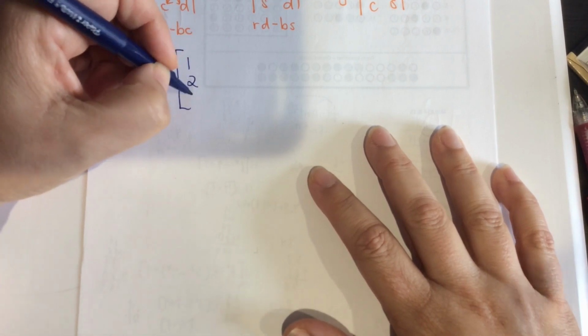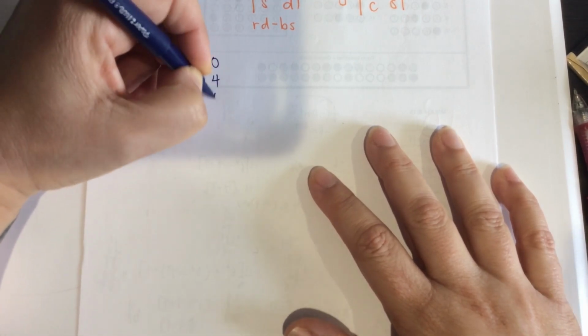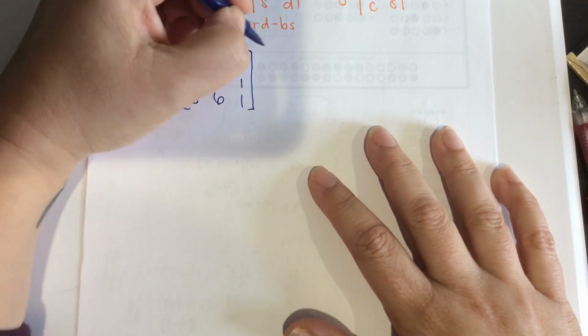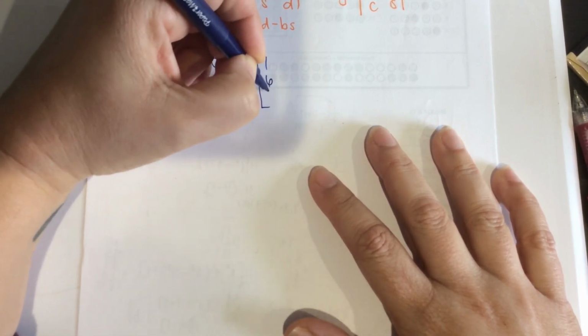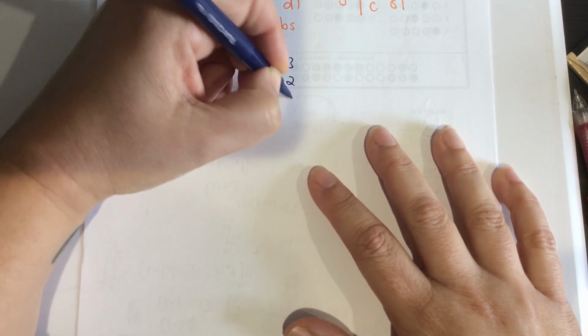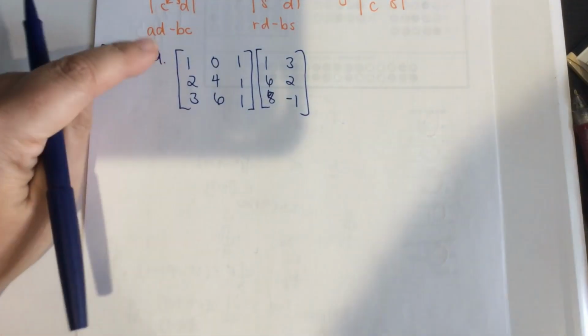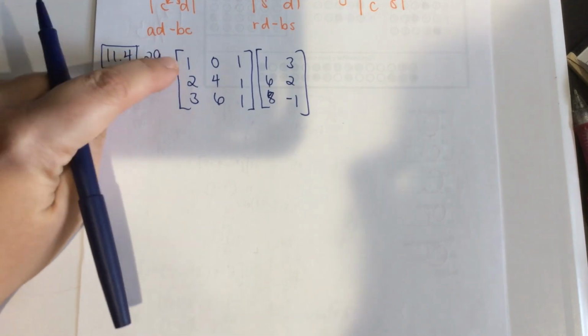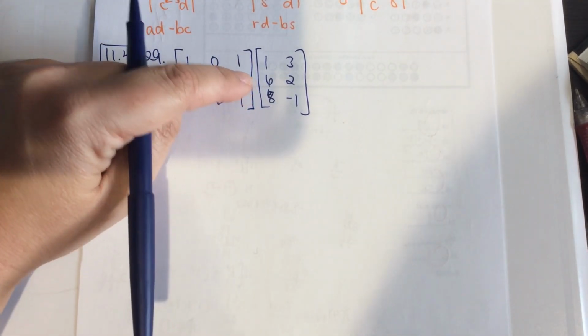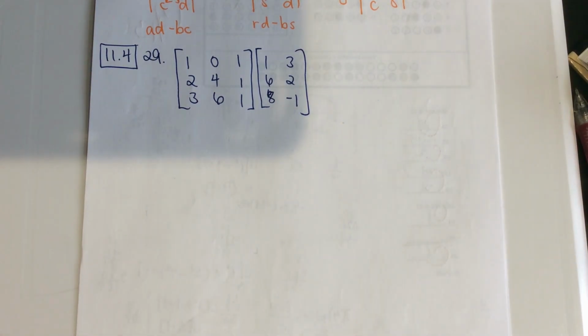I'm going to be extra cautious and triple check what's going on here. Make sure I'm writing it down. That's an 8. Okay, I'm just going to triple check. Number 29, I want to make sure I didn't look at two different problems as I was copying. Okay, so that's right. All right.